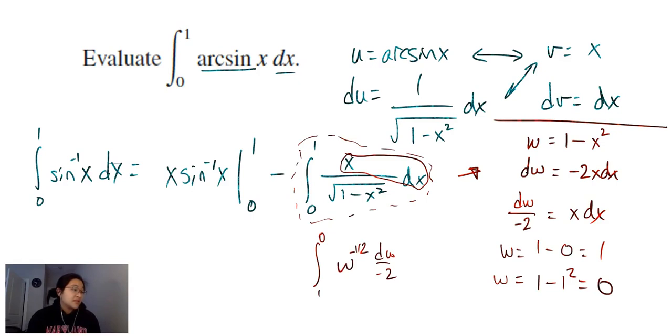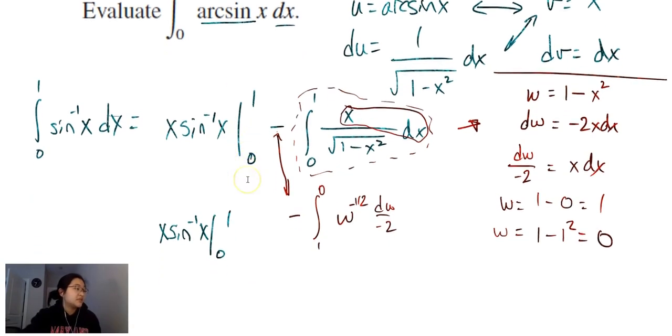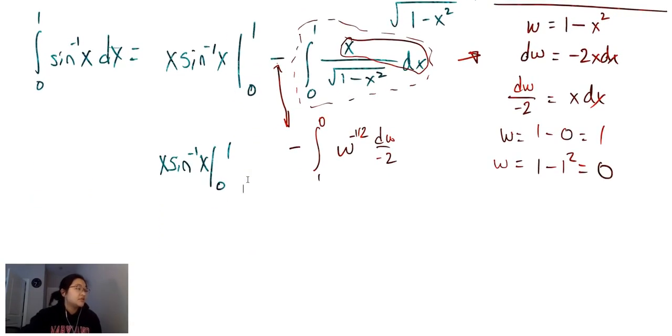So let's see, we have that and minus this, right? From here and there, and then we can copy everything else down. So we have x arc sine of x from 0 to 1 minus that red part, and scoot down a little bit. So from here, what do we get?